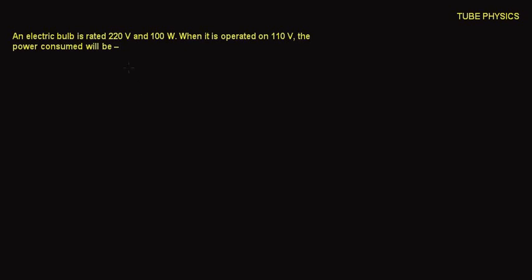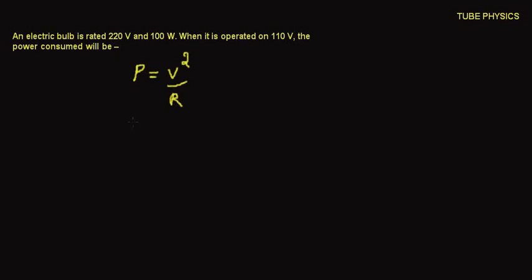We can see that. We have an equation for power. The electrical power can be calculated by the equation P is equal to V square divided by R, where V is the potential difference and R is the resistance of the device.